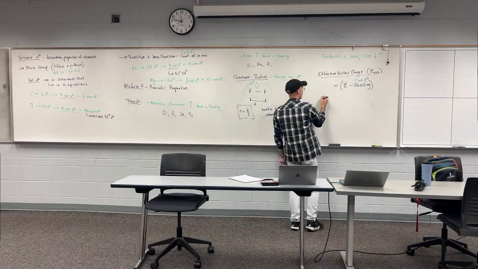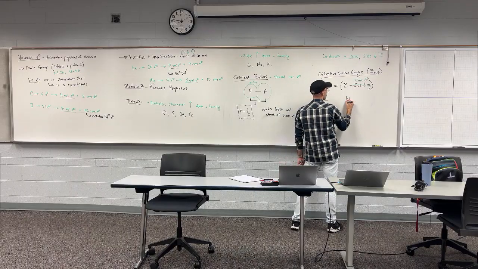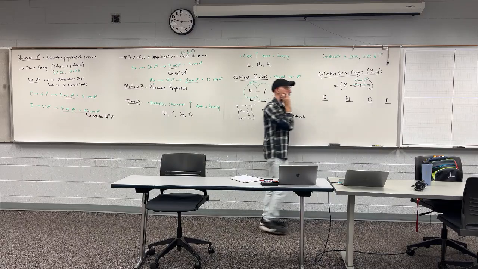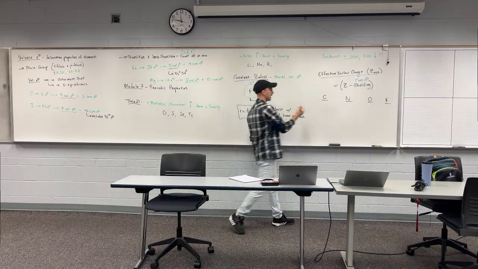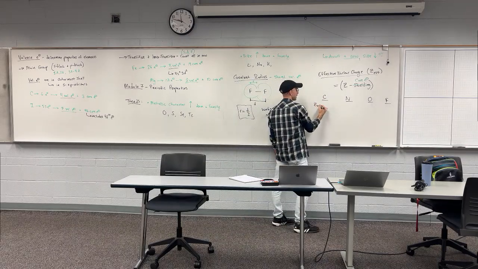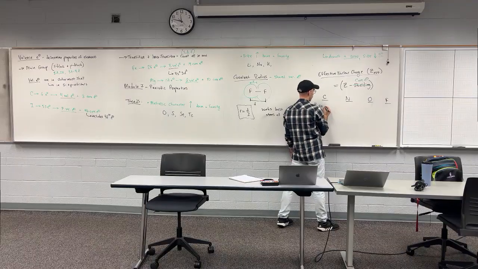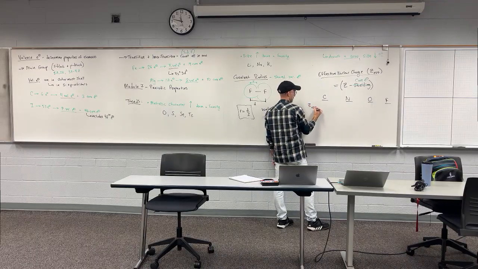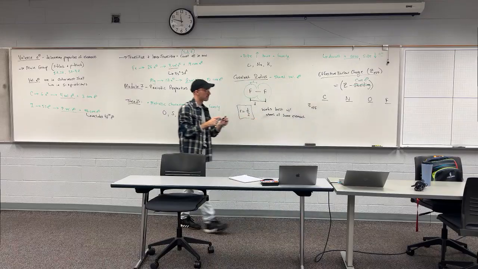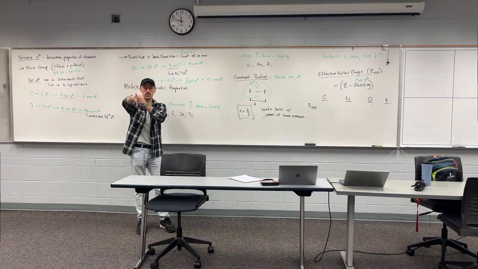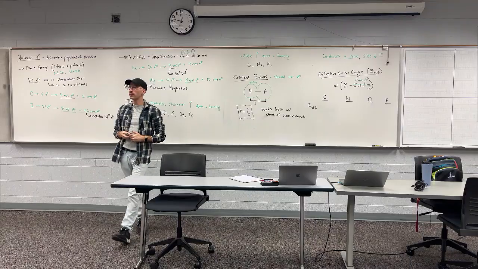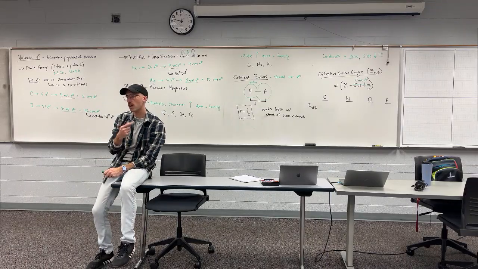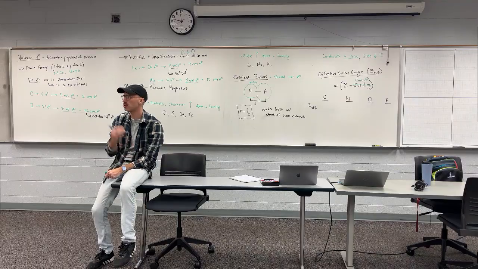So let's look at carbon, nitrogen, oxygen, and fluorine. And let's calculate their Zeff for each of these. Wait, question. Does the number of core electrons change across the row?